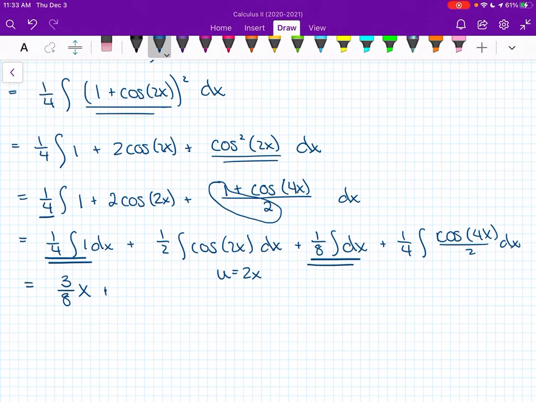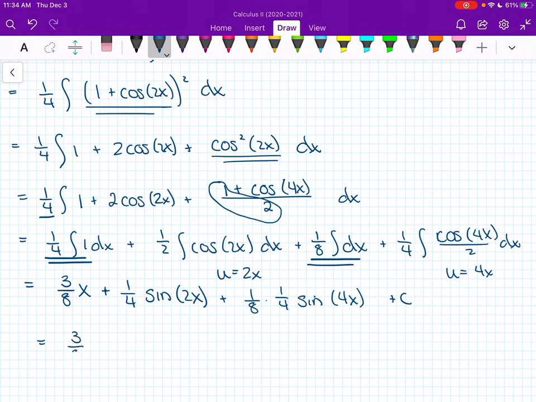So I'm actually going to have 1/4 sine of 2x. And then this one over here, remember we have a 1/8. So I'm going to get 1/8 times. And then here I'm going to let u equal 4x. So then I'm going to get 1 over 4 sine of 4x plus c.